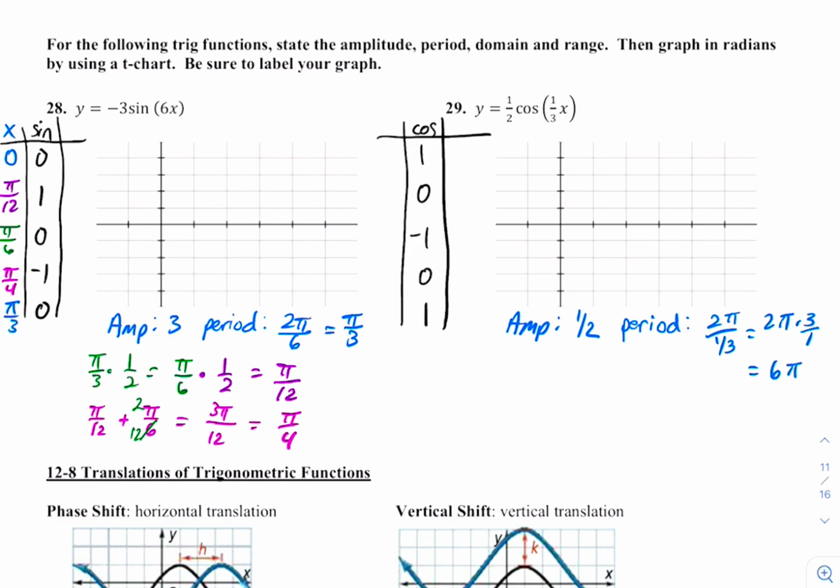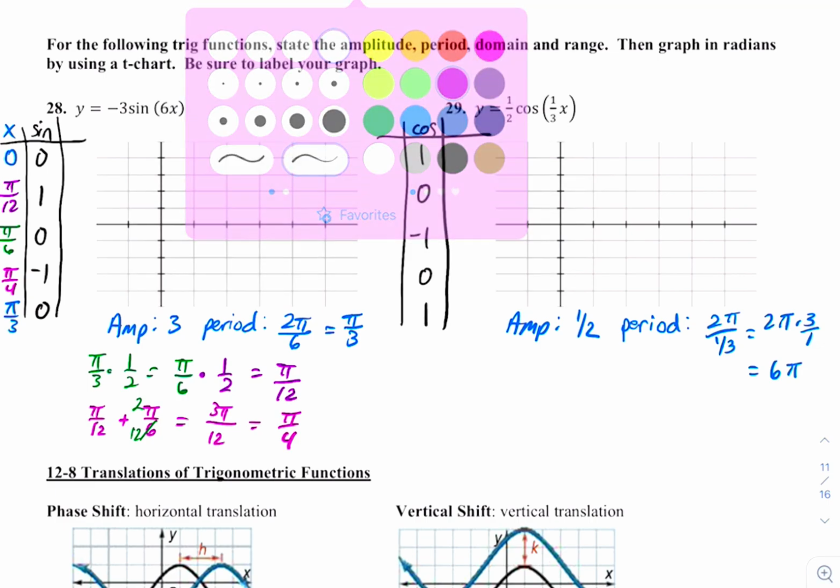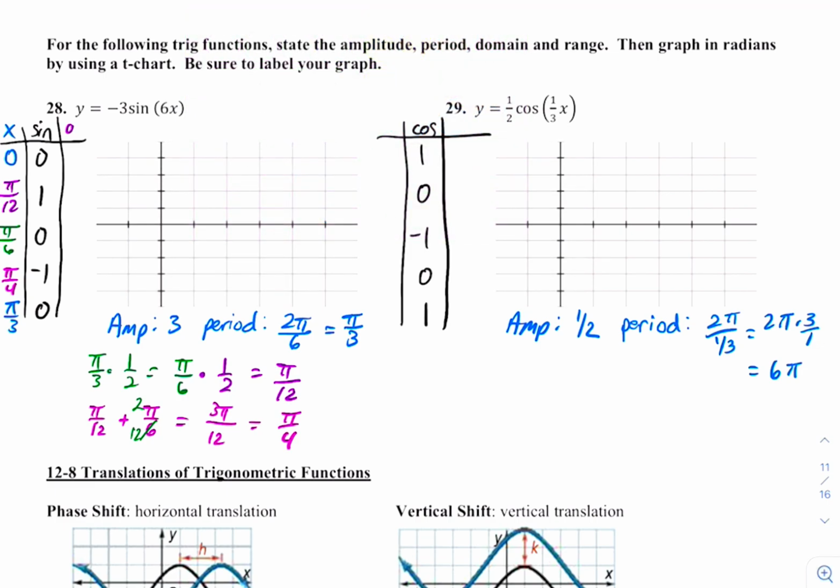And then now for my adjusted y values. I'm taking my a, so in this case that is negative 3 times what I would have for sine. So these get multiplied by negative 3. So 0, negative 3, 0, 3, 0. And then I'm using those two columns for my graph. So I'm going to count by ones again for my y's. Okay.